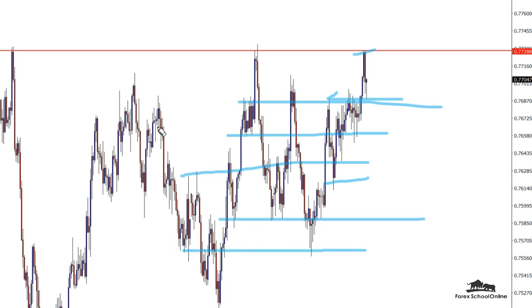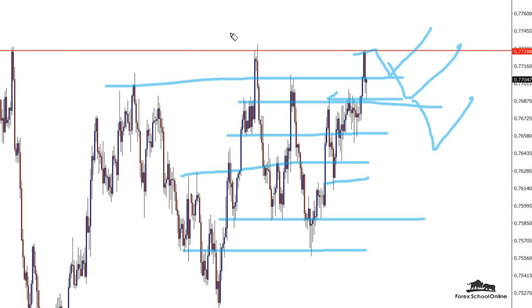Every time you trade back into one of these levels, you have a chance of price hitting it and moving back higher. So just keep that in mind if you do take short trades. Of course, price can always move straight back lower, but we're trading with probabilities and an edge.